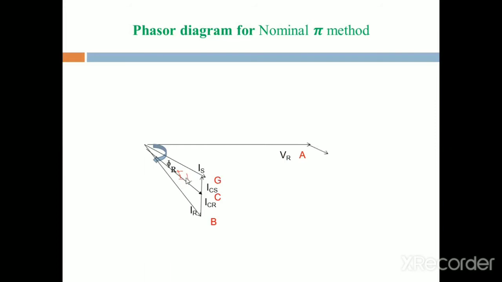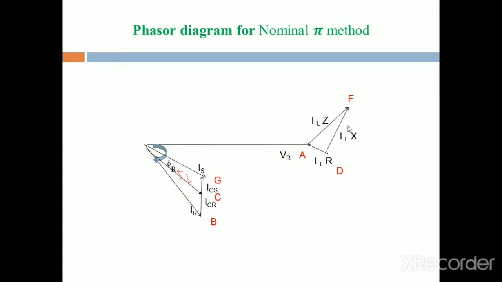Next, due to that IL current flowing through that impedance, we obtain some impedance drop. Due to that resistance, we obtain the ILR, and at an angle of 90 degrees we obtain the ILX. We draw it at 90 degrees because this is inductive in nature.